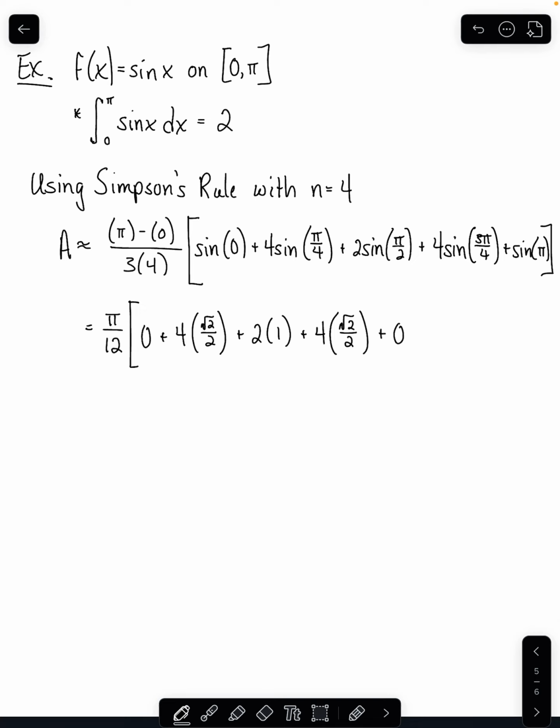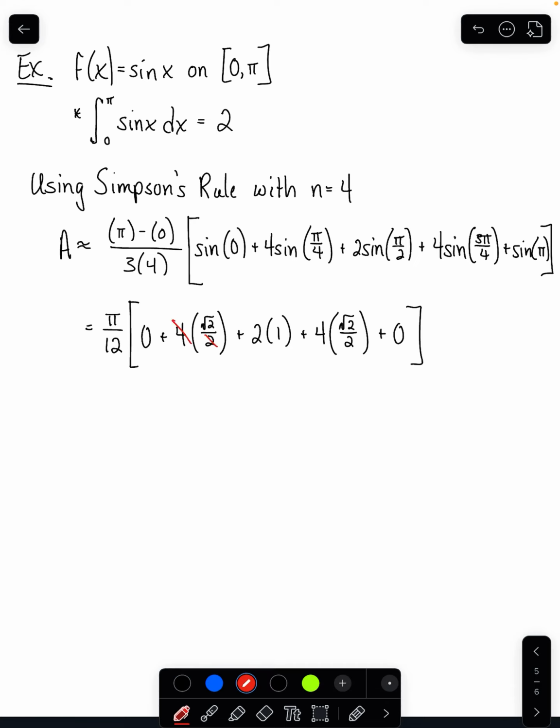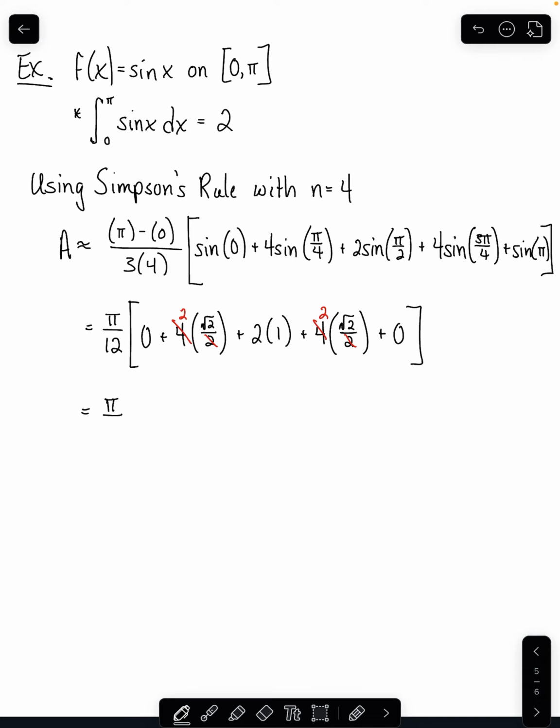And the sine of pi is again 0. So through a little bit of cross simplification here, we have 2 root 2 and another 2 root 2 for a total of 4 root 2. And of course, 2 times 1 is 2.